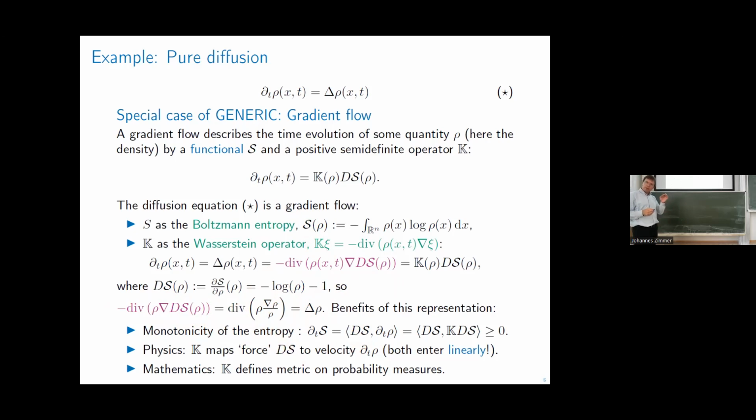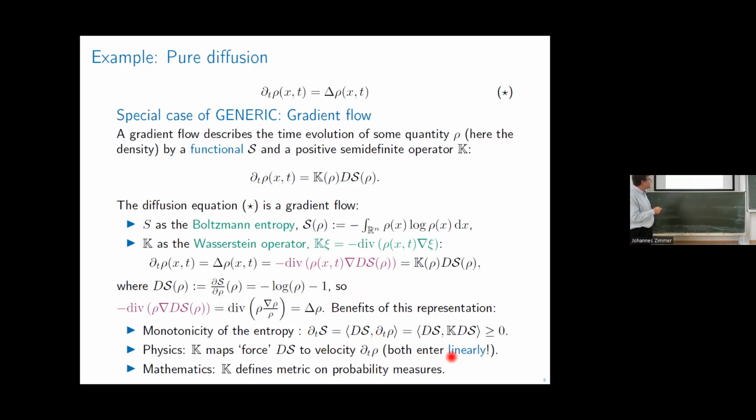And that also shows one benefit which was important for us in a different relation. On one side, of course, this is the famous Wasserstein gradient flow of Felix Otto and Kinderlehrer and Jordan and others. So you can think of generic as an extension which includes conservative evolution.